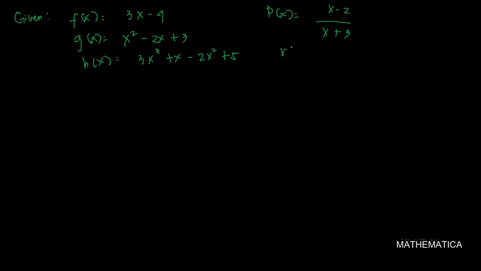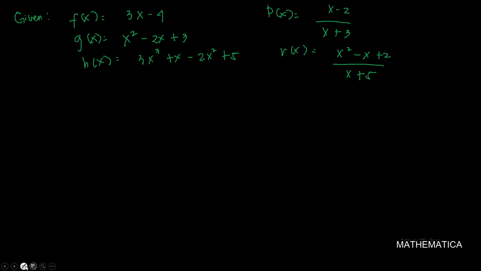And r of x is equal to x squared minus x plus 2 over x plus 5. So let's say we have this given set of functions.